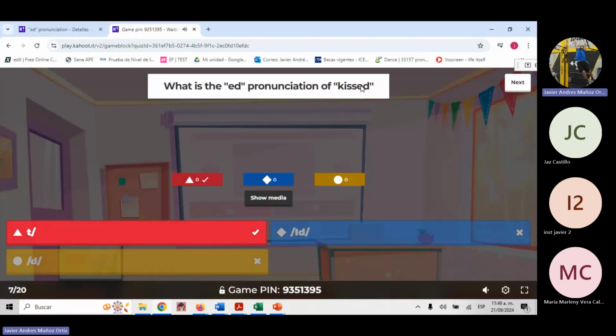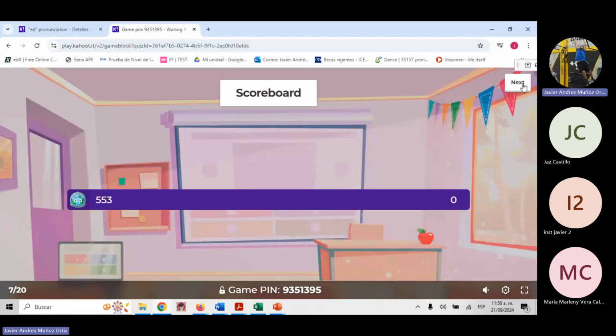Kiss presente, kissed pasado. Estoy exagerando el gesto y eso ayuda muchísimo para entenderlo al principio. Después uno ya lo pronuncia, pues, normal, ¿no? Kiss, kissed. Es muy sutil el cambio, pero es cuando ya uno le coge el tino, ¿no? Mientras tanto es bueno exagerarlo. Vamos con dos más.